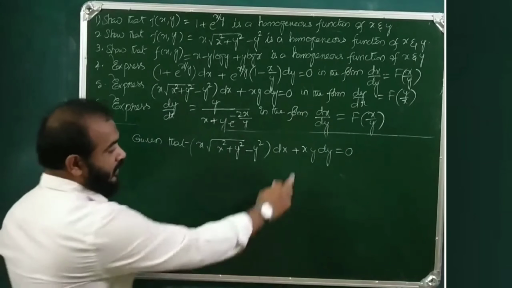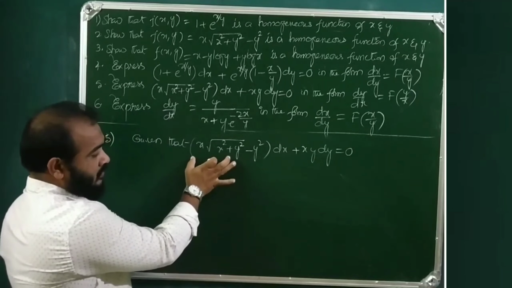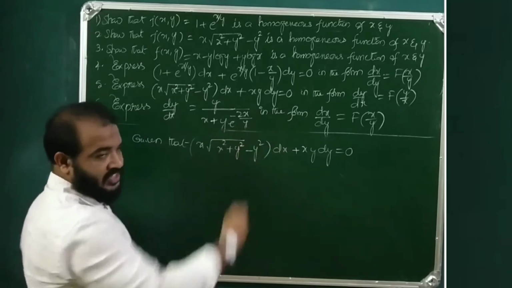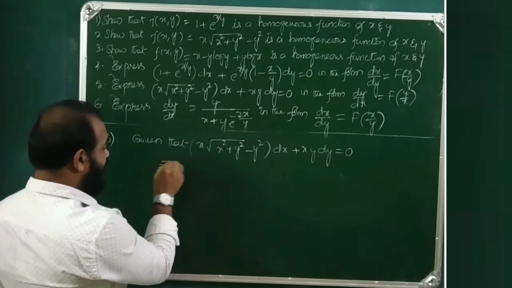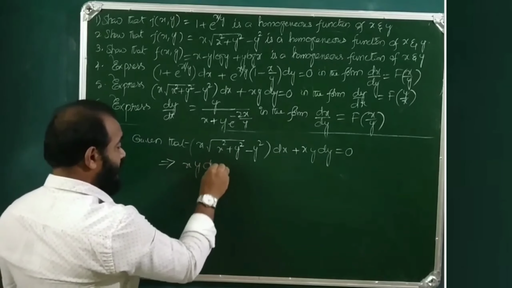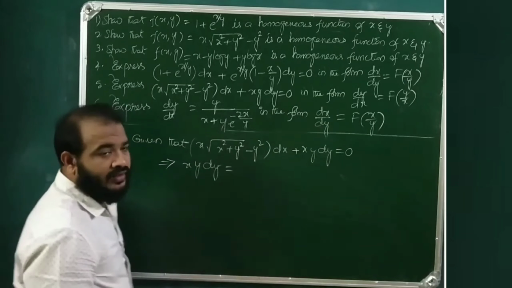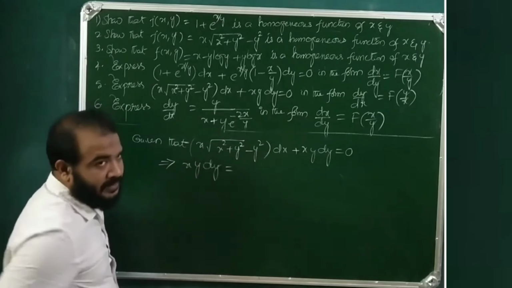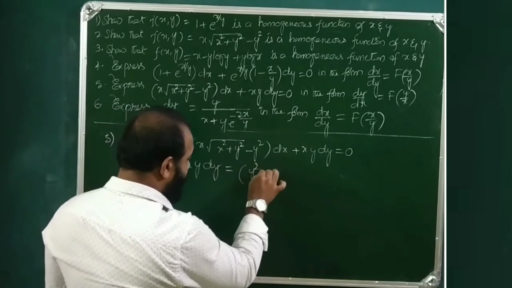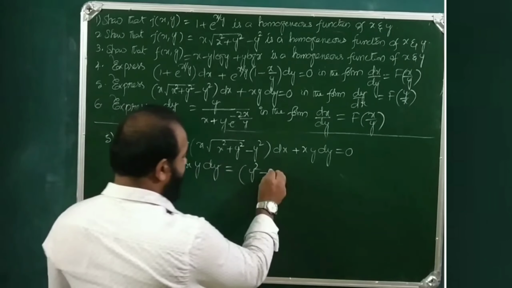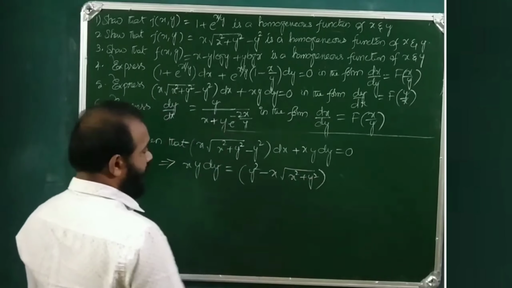So I'm just keeping xy dy on the LHS itself and I will transpose this term onto the other side. Then xy dy is equal to, if you transpose this onto the other side, minus of this dx we will be getting. So minus, if you multiply inside, then we will be getting y square minus x root of x square plus y square dx.